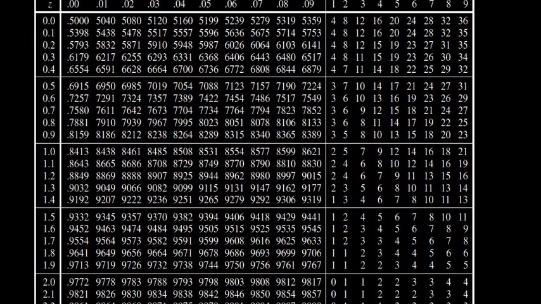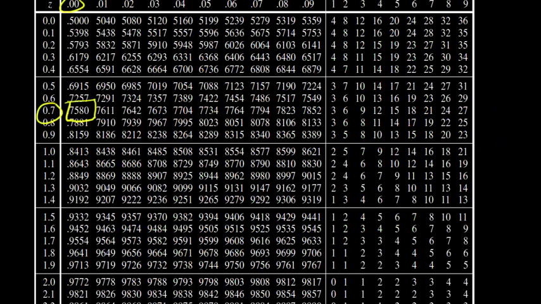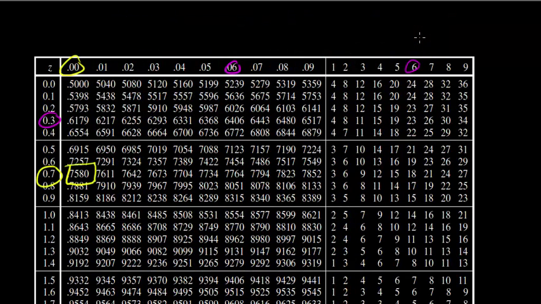So here are my tables. Phi of 0.7 exactly, that's there and there, so it's 0.7580, minus phi of 0.3667. So phi of 0.36 is 0.6406, and then the 7 will be in between there.